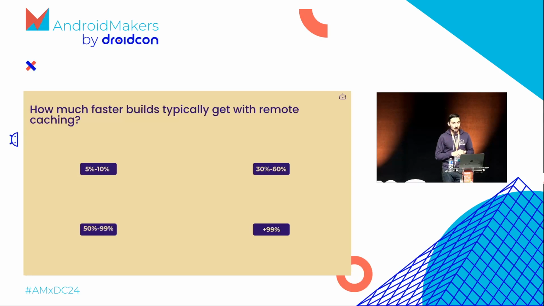Who says 30 to 60? 50 to 99? And 99 plus? It's 30 to 60 when there are larger modifications. I think you were the first, so congratulations.